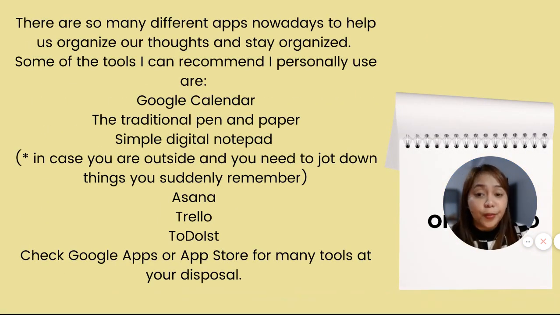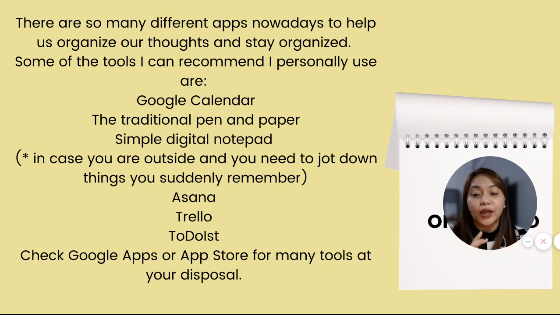Now, there are so many different apps that you can use to organize your thoughts and stay organized in general. Some of the tools that I can recommend that I personally have tried are, of course, number one, Google Calendar. The traditional pen and paper, I always have that still. You can have a digital notepad in case you are outside and you need to jot down things that you suddenly remember.